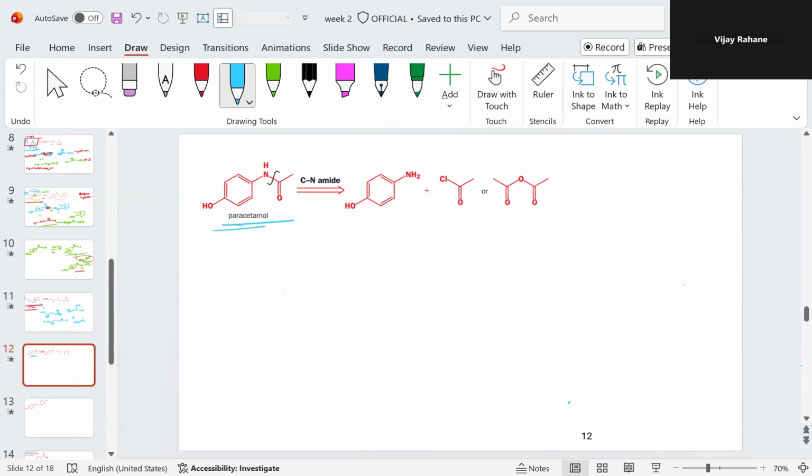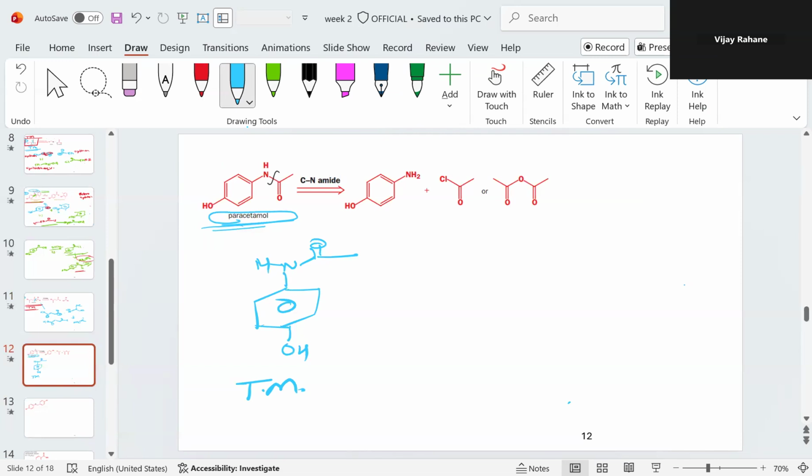If I just draw it, this is how it is generally shown everywhere: N double bond O, and this is OH. If you just Google it also, we can see the structure in this manner. I just draw it vertical, that's okay, right? So this is paracetamol, and this molecule is our target molecule now.